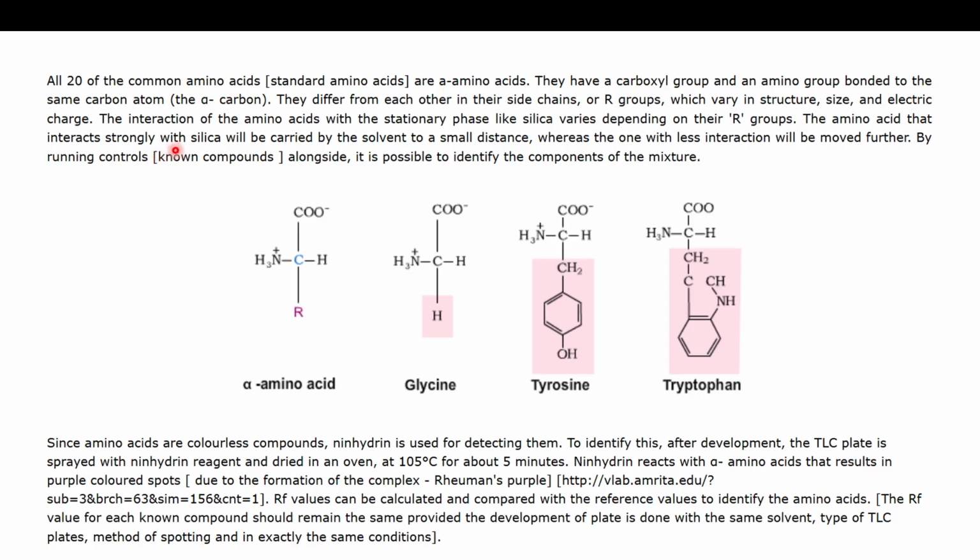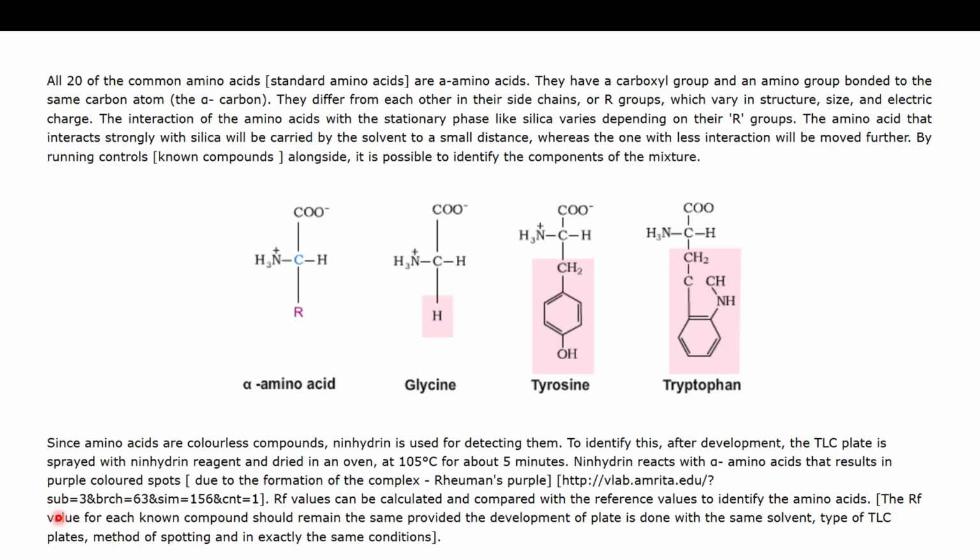The amino acid that interacts strongly with silica will be carried by the solvent to a small distance, whereas the one with less interaction will be moved further. So by running the compounds alongside, now if you also have a reference compound that you know will run up to this part and definitely has glycine in it, and the other test sample, you don't know if glycine is present or not, depending on how far this particular component gives off the signal, you will understand whether your test sample has glycine present in it or not, just as an example.